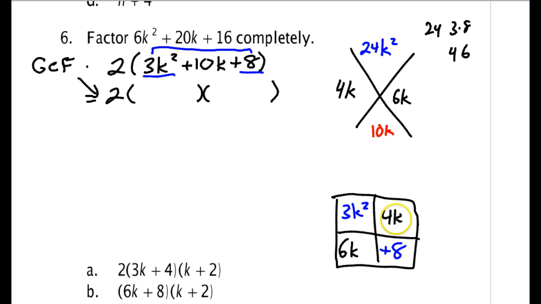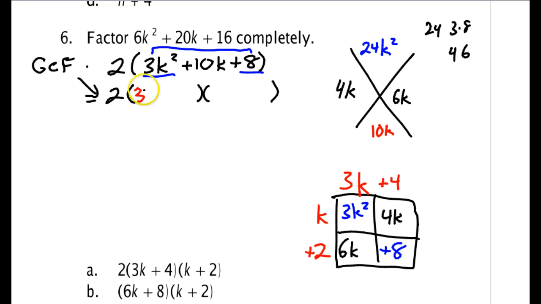GCF on the first row, they just have a k in common. GCF on the first column, they have a k in common as well, but they also have a 3. And of course, check it, k times 3k is 3k squared. K times what? It's 4k plus 4. And 4 times what is 8? 2. And 2 is also the GCF of the bottom row.